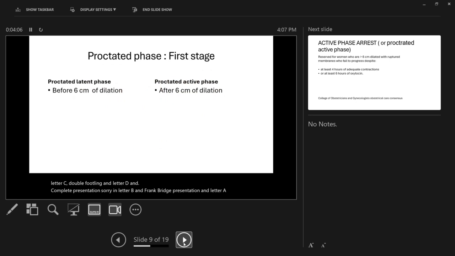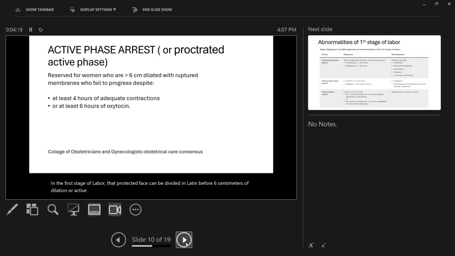So we have a protracted phase in the first stage of labor. That protracted phase can be divided in latent, before 6 centimeters of dilation, or active, after 6 centimeters of dilation.